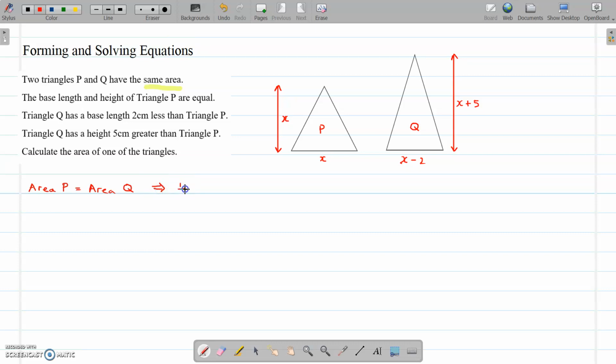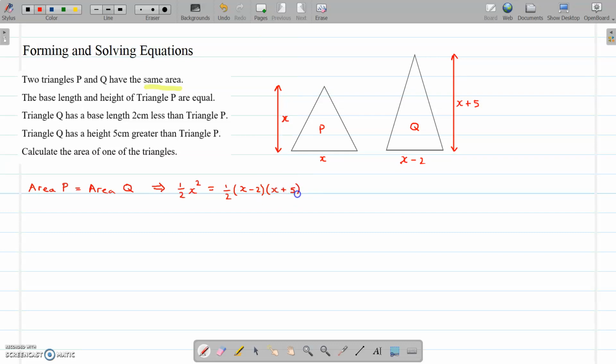So it's a half of x times x, which is a half of x squared. And the area of Q is a half of base, which is x minus 2, times its height, which is x plus 5.